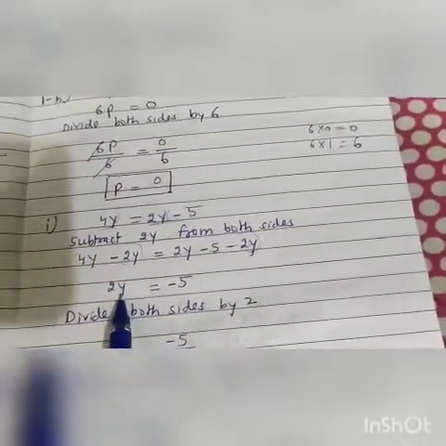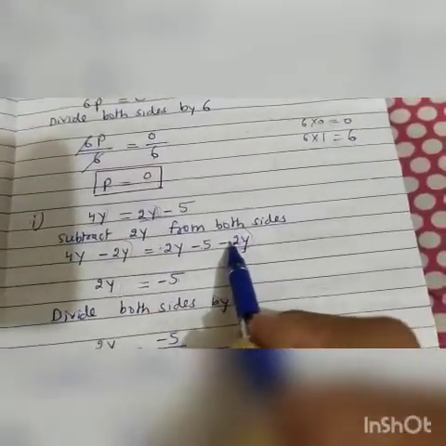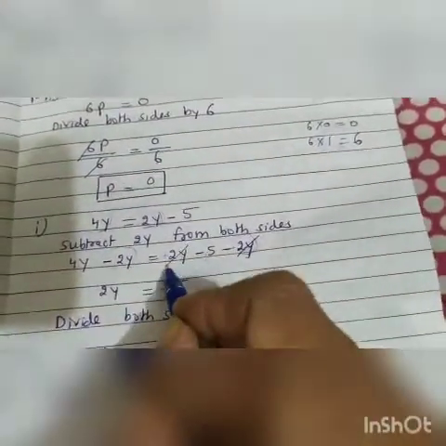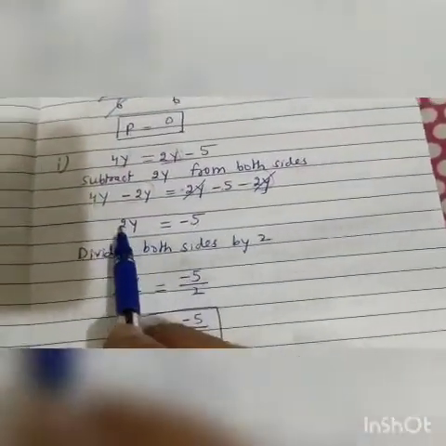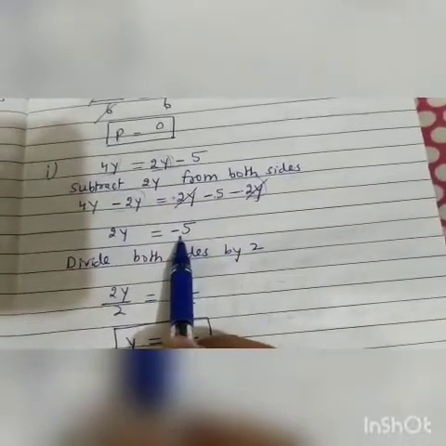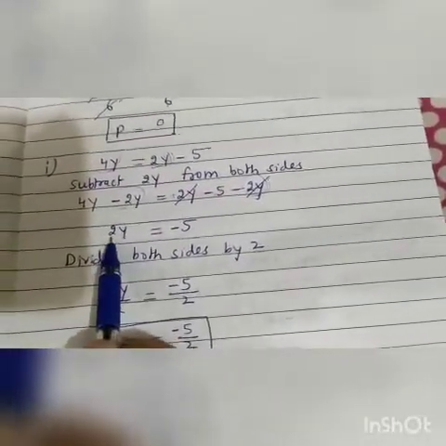4y minus 2y is equal to 2y. Here this is plus 2y and this is minus 2y. So these 2y are cancelled. What is left? Minus 5 is left. Means 2y is equal to -5. Now here in the left hand side with y, what is the number? 2.